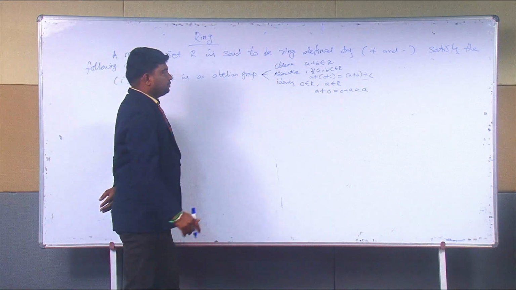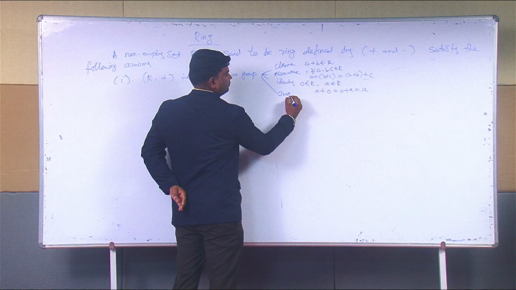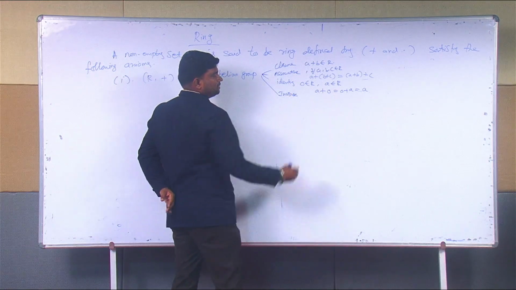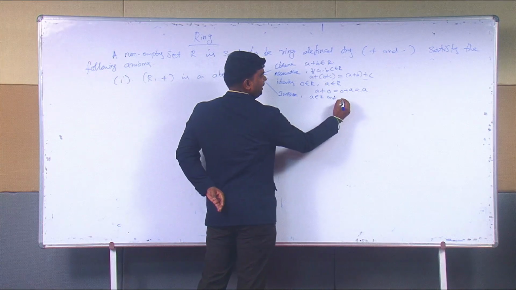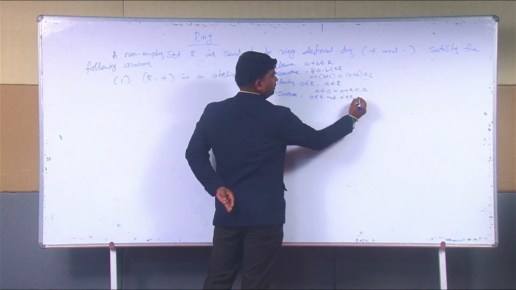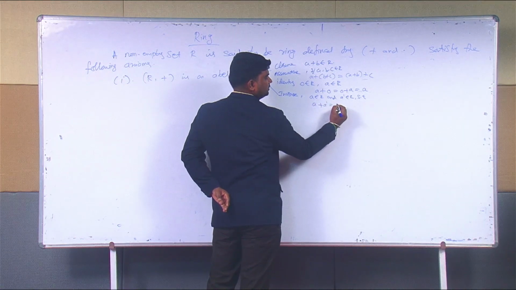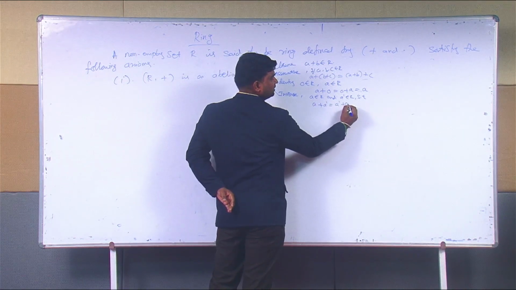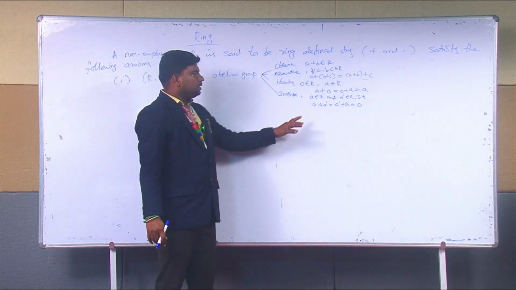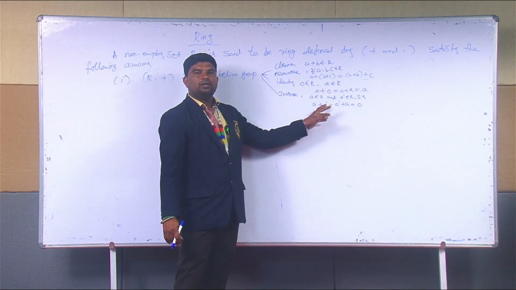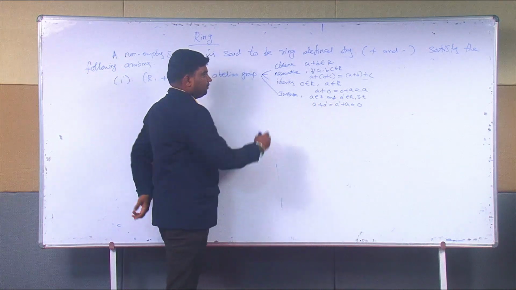So that is the identity axiom. Next, inverse. For any element a belongs to R, there exists a dash belongs to R such that a plus a dash equals a dash plus a equals 0. Then a dash is called the inverse of a.